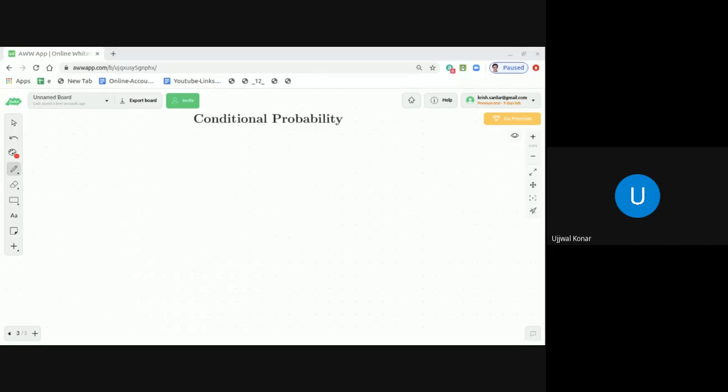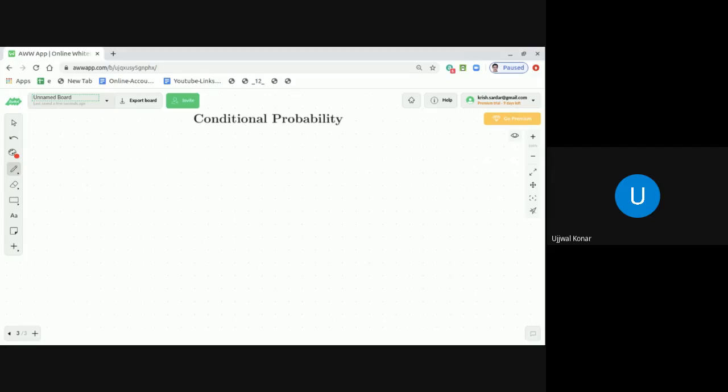What is meant by conditional probability? Think about that we are rolling a die. What is our experiment? Our experiment is rolling a die. That is a random experiment. Now, if I ask any one of you, hey dear students, I am rolling a die, could you please tell me what is the probability of getting the face 2? You can say, sir, it is easy. It is 1 by 6.